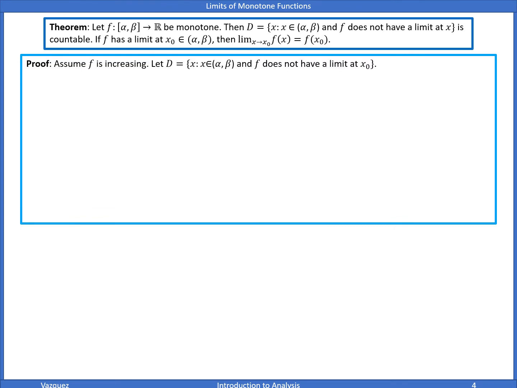Okay, so our proof: assume f is increasing. And again, let D be all those points of x where f does not have a limit. Well, by the lemma of the previous slide, x is in D if and only if the difference between u and L is not 0.